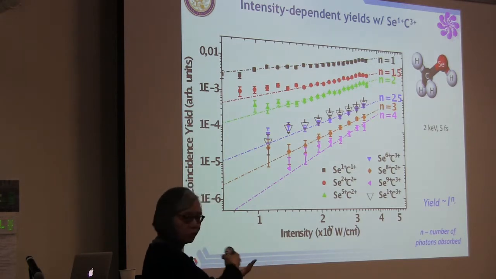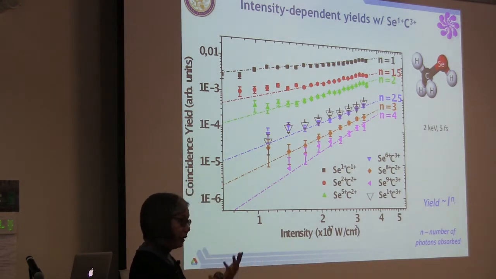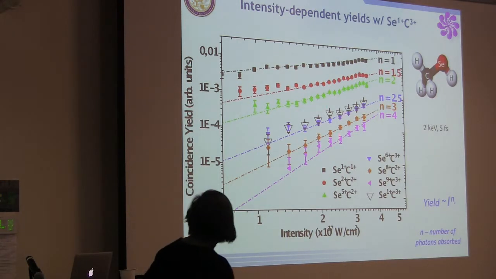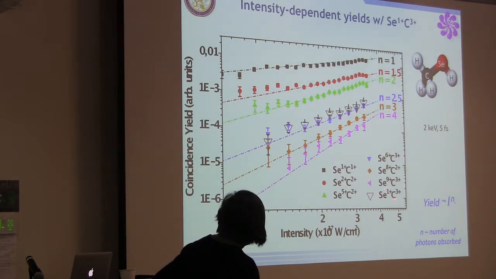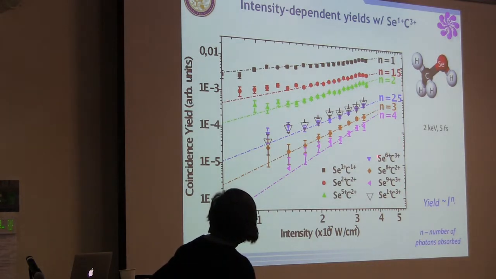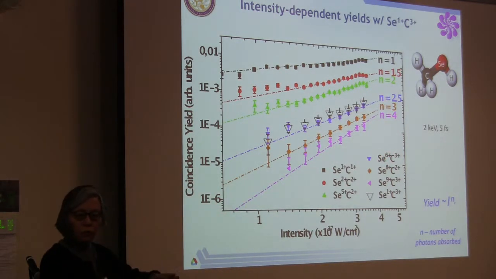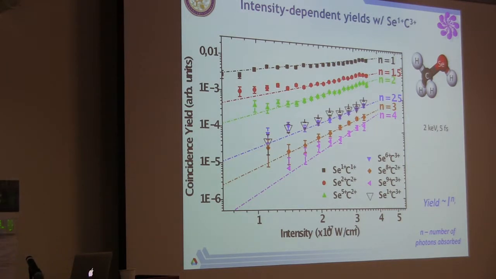But if there's some charge transfer going on between the two, then something can happen. So when you have this state, these triangles, where the carbon is highly charged and selenium is less charged, it falls along the same kind of line as this very highly charged selenium and carbon 3 plus, indicating that maybe you started out in that configuration and there was a charge transfer going on.